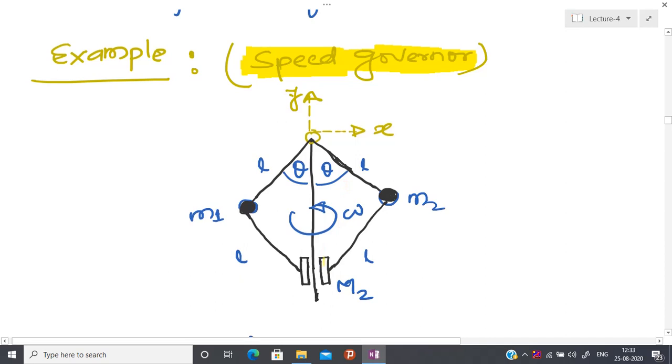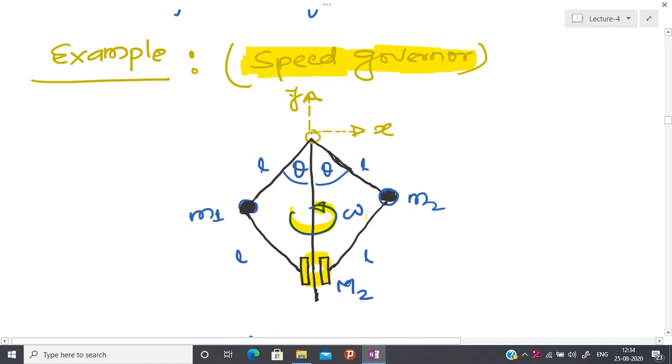Basically I have some mass, these are the masses, and I have to move this mass along a vertical axis, and this is our vertical axis, and at the same time the whole system is also rotating, and you can see that the angular rotation is omega.